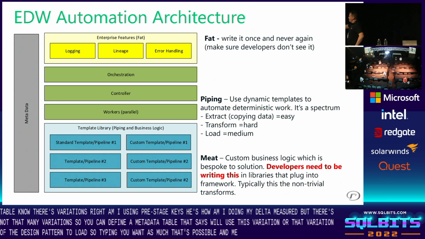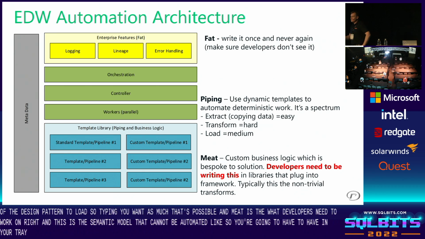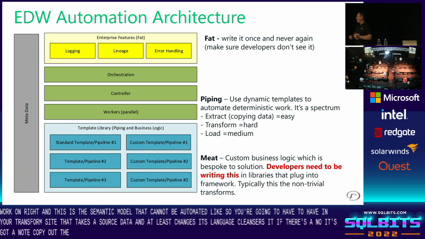And meat is what developers need to work on, right? And this is the semantic model that cannot be automated, right? So you're going to have in your transform something that takes the source data and at least changes its language, cleanses it. If there's a null, it's got a node to copy out the null.